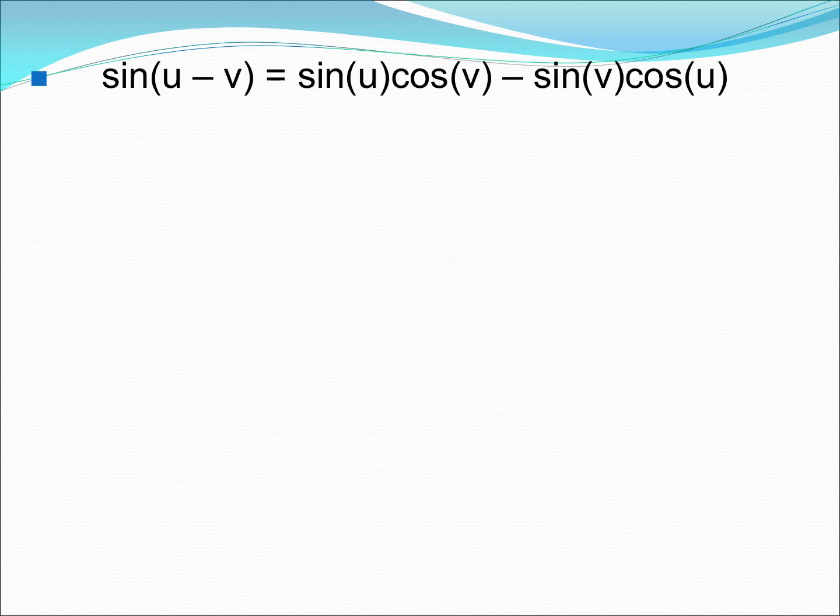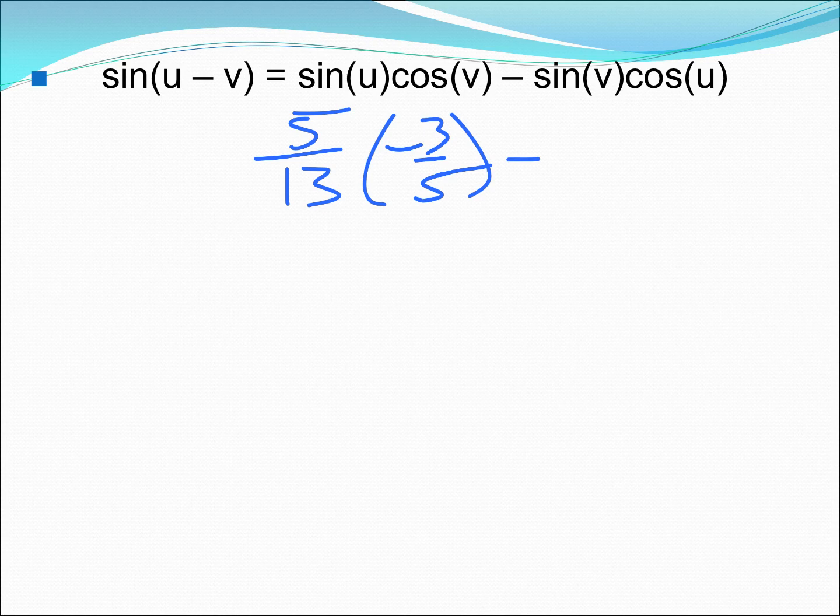Like for example right now, when I say find the sine of u minus v. So expanding that formula, we have sine of u times the cosine of v minus sine of v times the cosine of u. And we're going to plug in the actual values. So from the last example, I know that the sine of u is 5 over 13, and the cosine of v is negative 3 over 5.